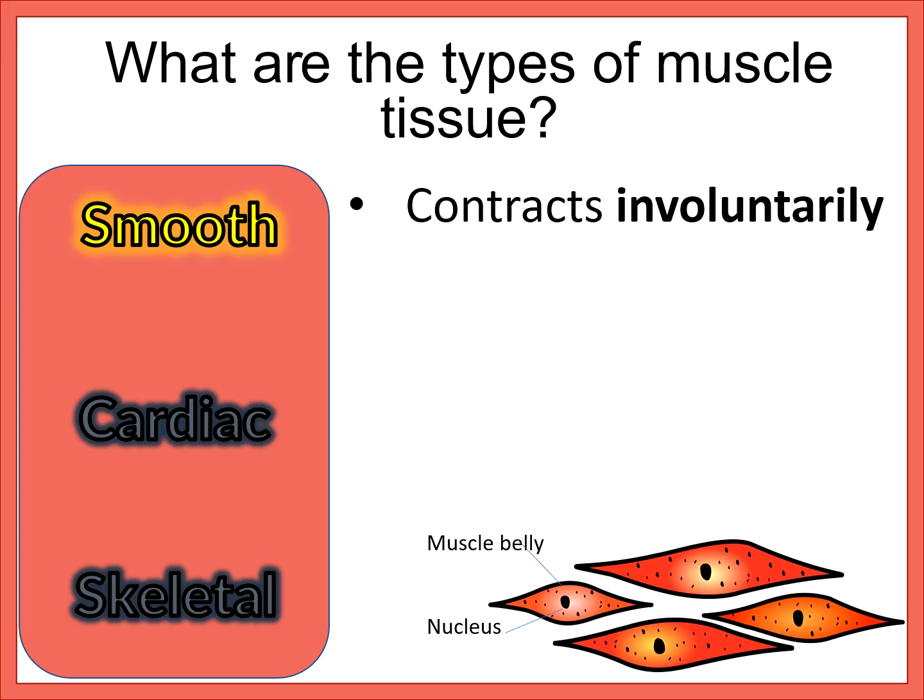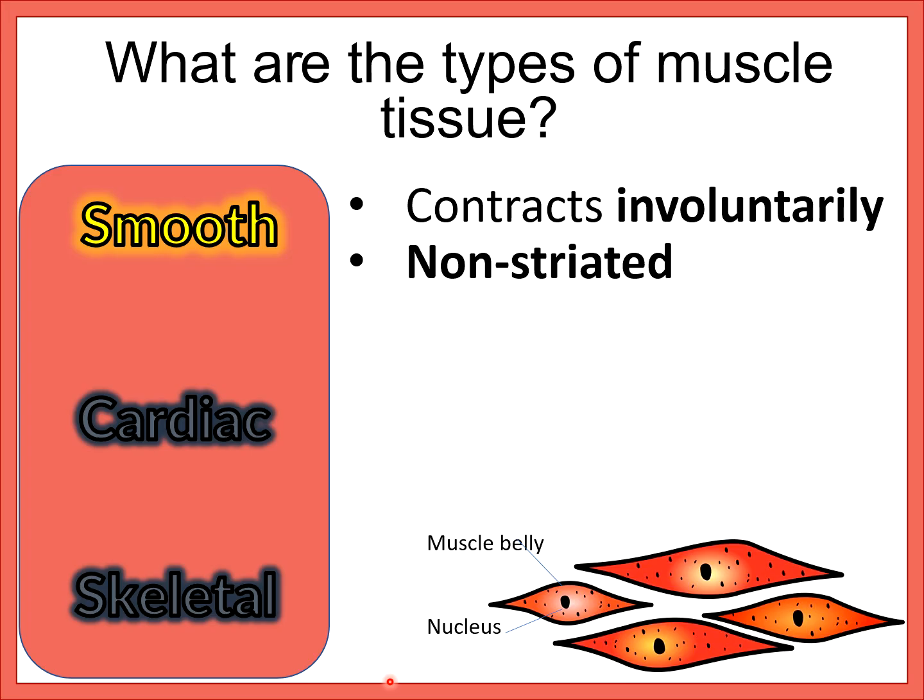We look at the shape of the smooth muscle and you'll see that there's these tapered ends and a wider muscle belly, so right down the middle. The nucleus is going to be centrally located in that muscle belly. And they're going to create these sheets.